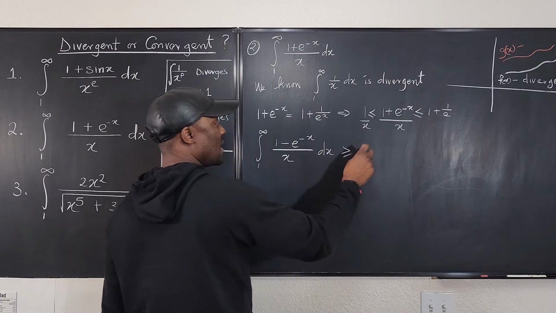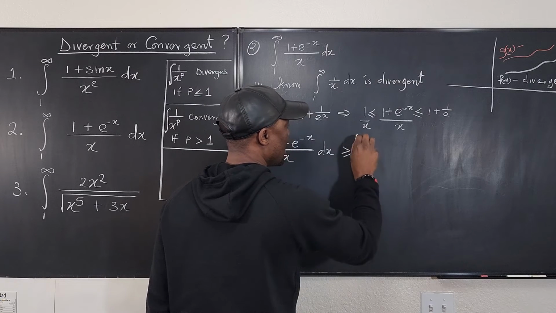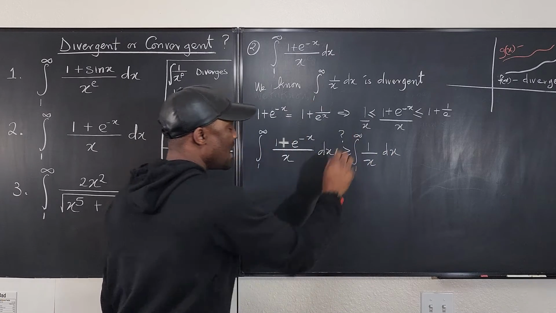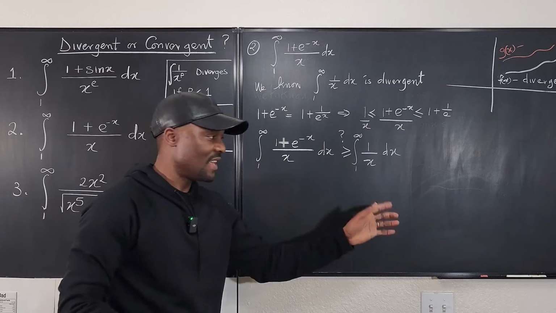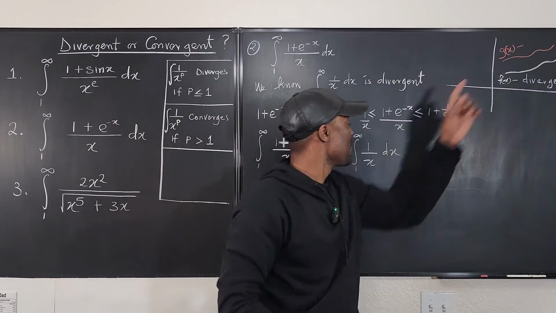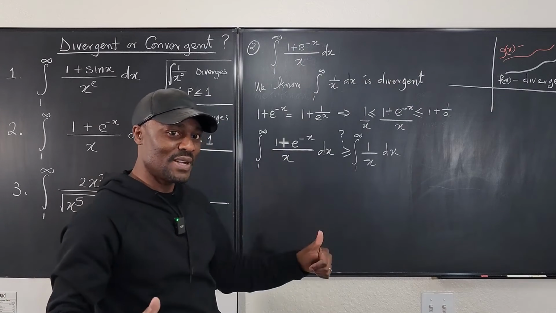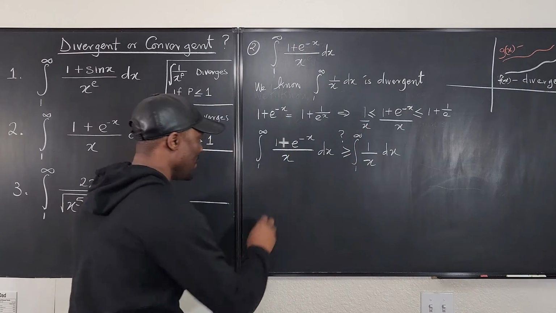It's greater than or equal to the integral from 1 to infinity of 1 over x dx, with a question mark. If we can prove that this is greater than this, then it is divergent. Remember, this guy has got to be above. So if this is true, then we're good, because this guy is our guy here, the white guy. Okay, so here we go.